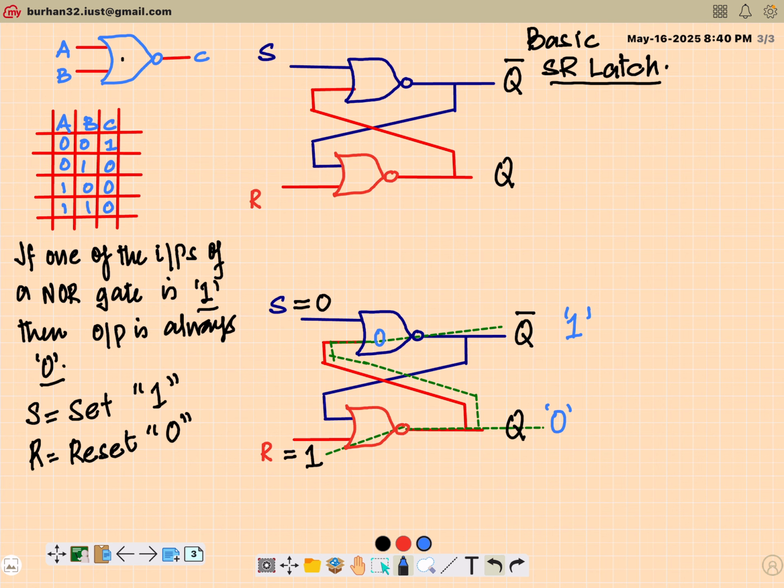Okay, fine. So we normally show it using a simple timing diagram. I will draw it here. Timing diagrams are very important as far as sequential circuits are concerned. So I have a low pulse for S and let's say a high pulse for R. Fine.